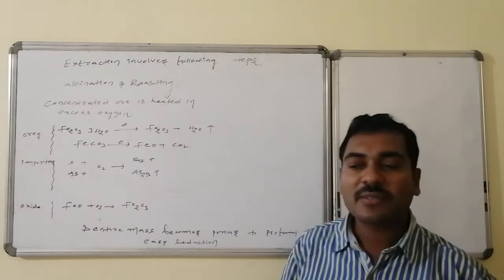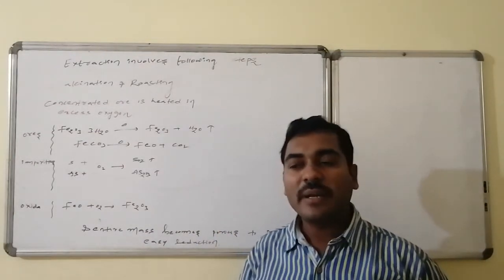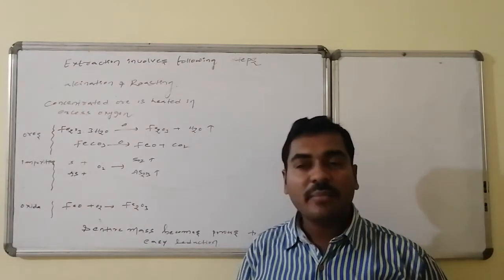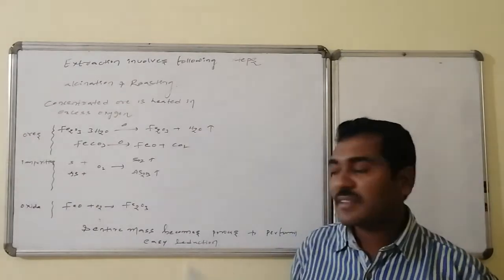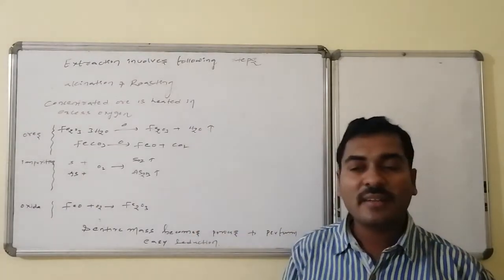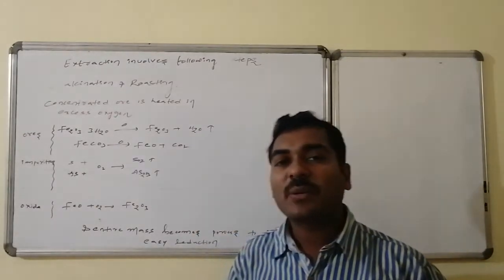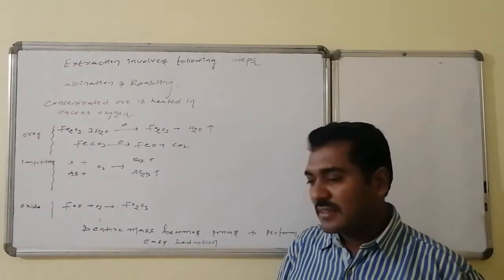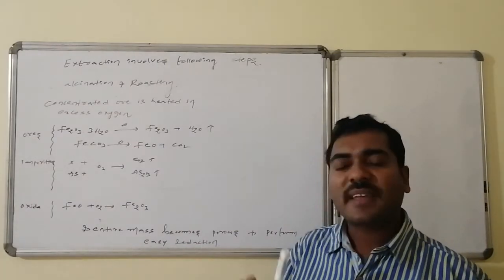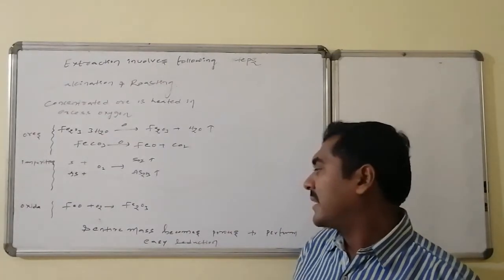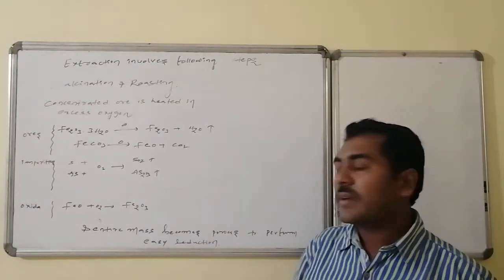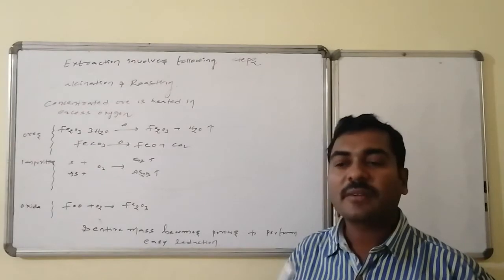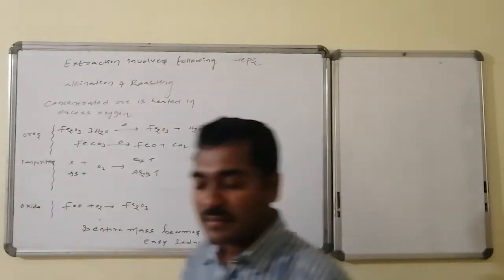Volatile impurities like organic matter are evaporated, sulfur impurities are converted to sulfur dioxide, arsenic impurities are converted to arsenic oxide, which is volatile and evaporates, and the lower oxides of the iron ore are converted to higher oxides. As a whole, through calcination and roasting, the entire mass becomes porous and very easy for the further process of reduction.